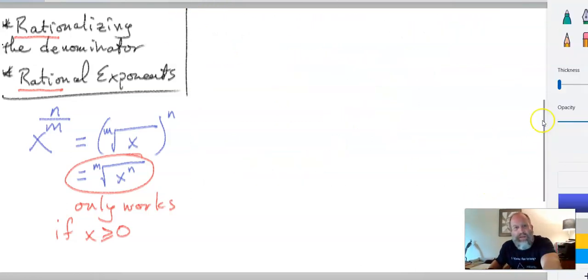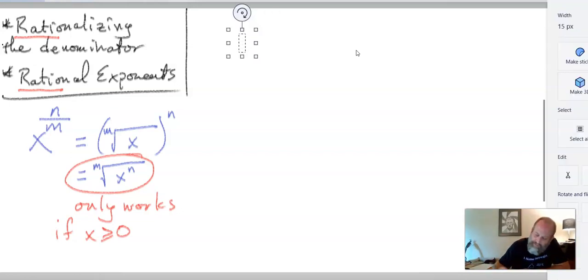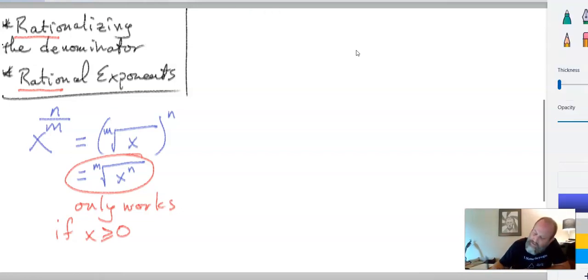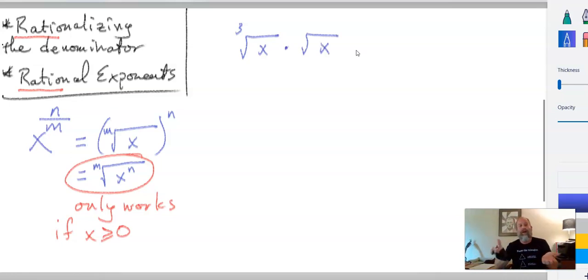Now, just real quick, I just wanted to show you some of the things that do happen. I haven't put these in the homework, but these are just ways that this idea gets used. So first of all, if I have something like the cube root of x times the square root of x, right?